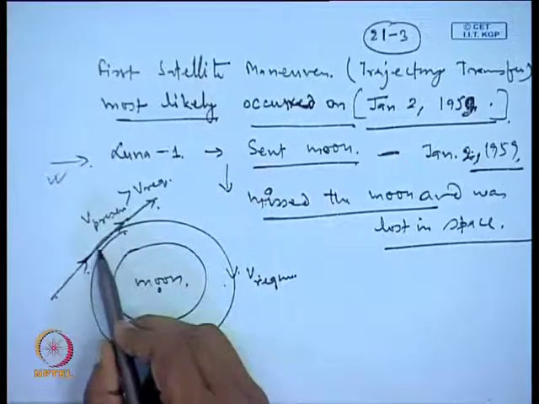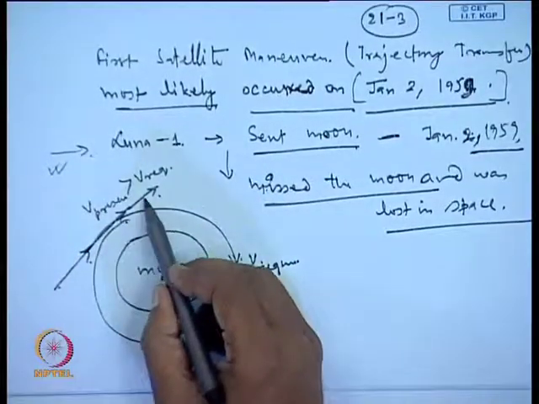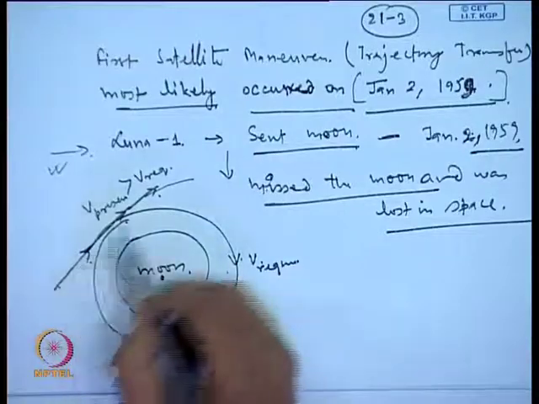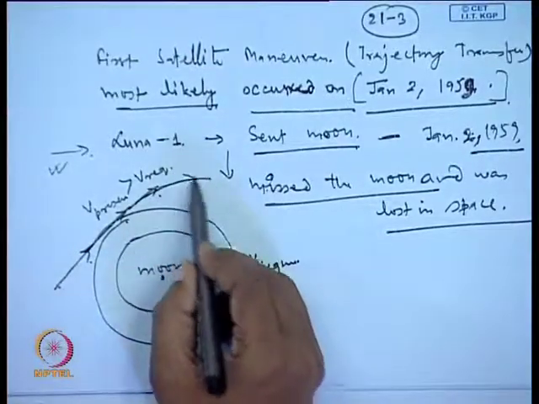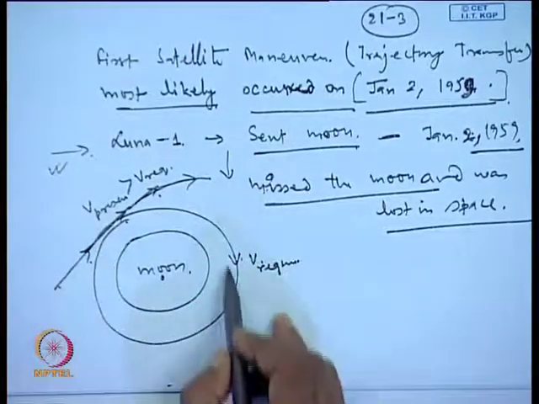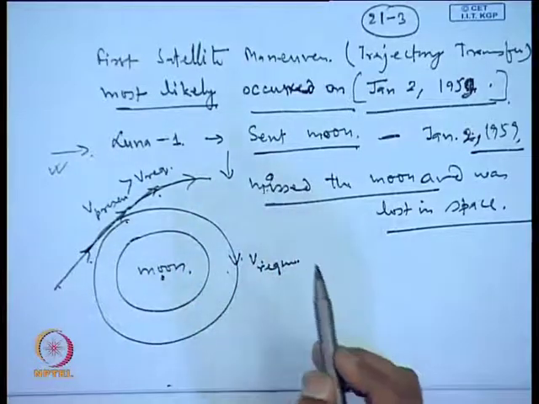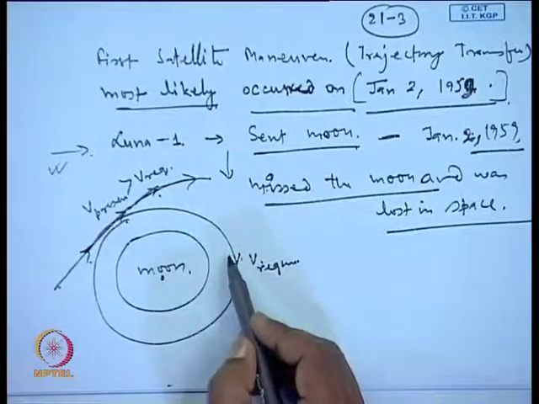Then it will simply not go into this orbit, but will just escape into space. There will be a trajectory turn, but it will not go into orbit and will escape into space, and therefore it is lost forever.